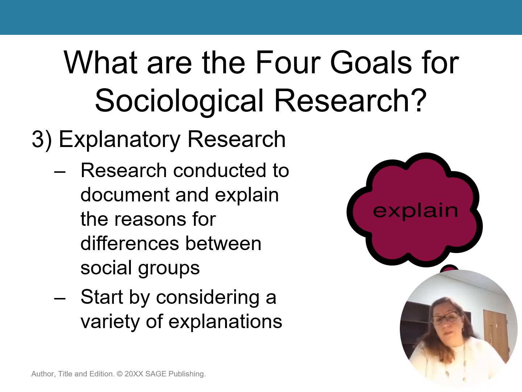Social patterns are complex, and people can spend their entire careers answering questions about a particular social phenomenon, exploring a variety of explanations. And so, explanatory research can have very valuable impact in trying to explain a particular social phenomenon.